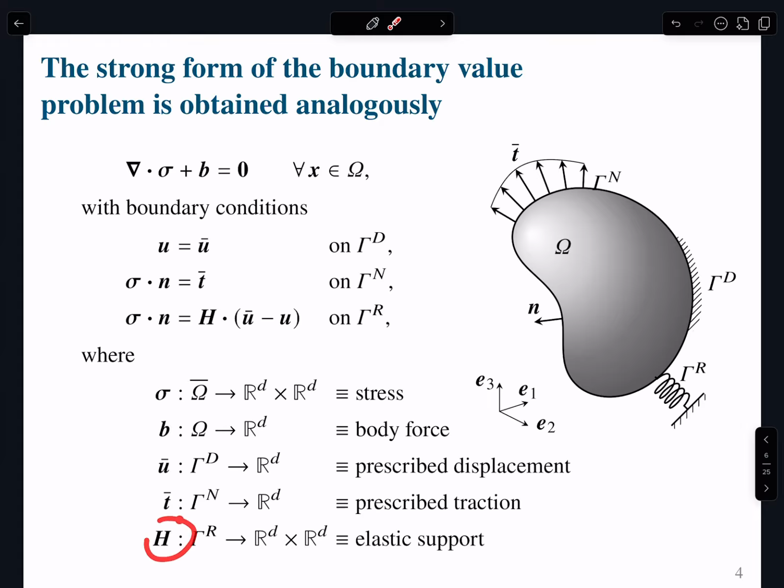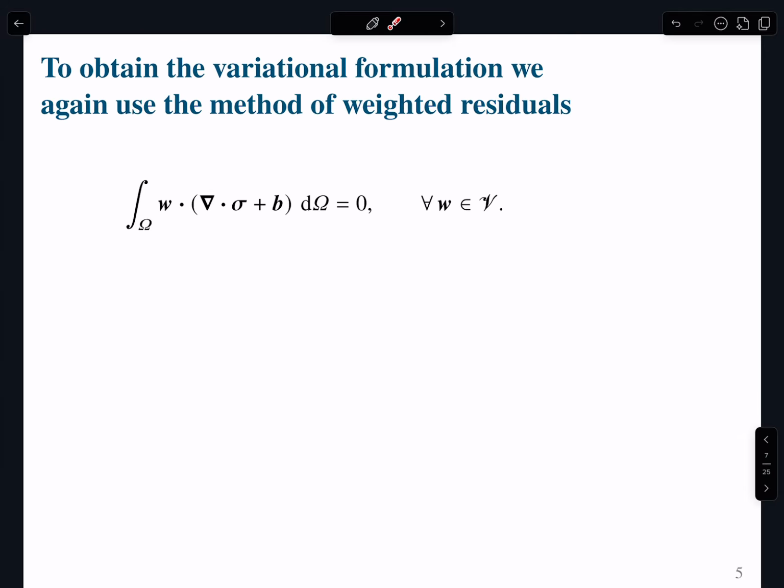And this H is some sort of elastic support, as we discussed, and I have it also as a tensor. It could also be a scalar multiplied by the identity matrix, for instance, and in that case you give the same spring constant to all directions.